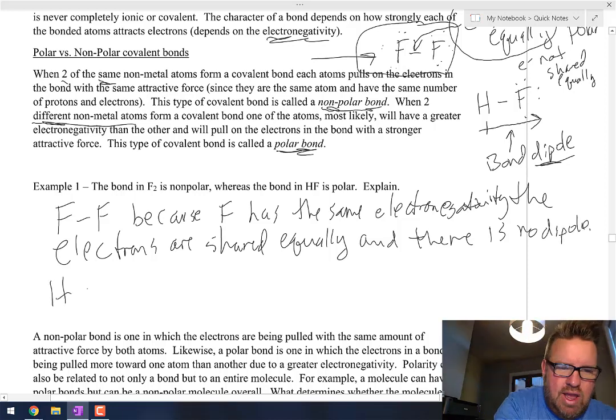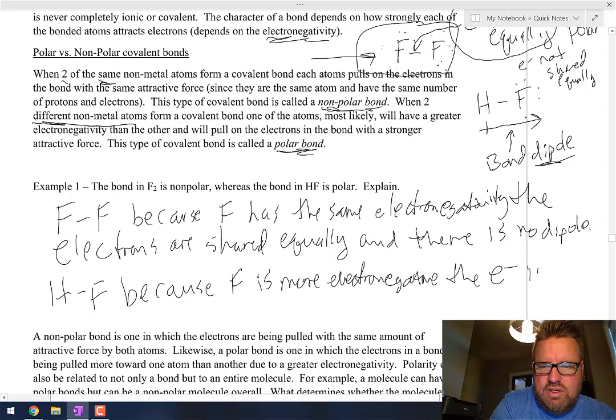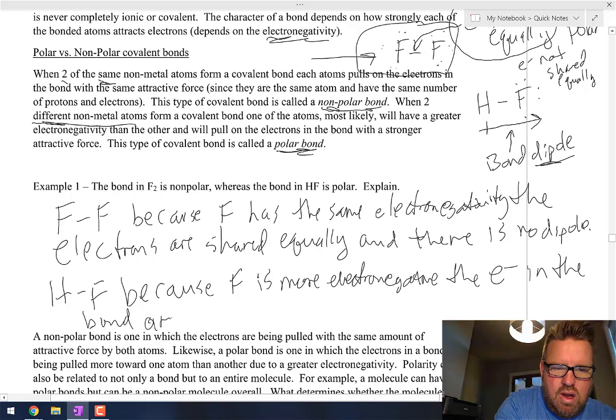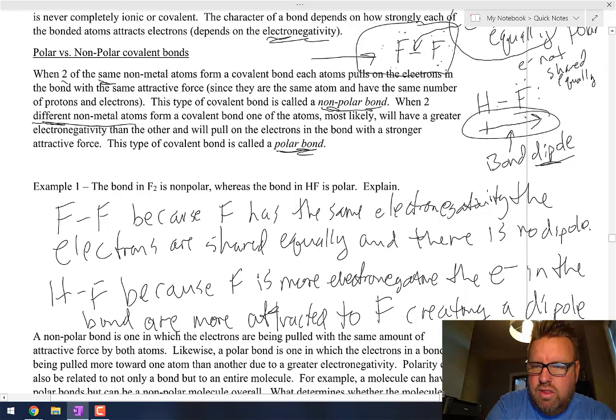Okay? But in HF, because fluorine is more electronegative, the electrons in the bond are more attracted to F, creating a dipole. Okay, creating this right here.